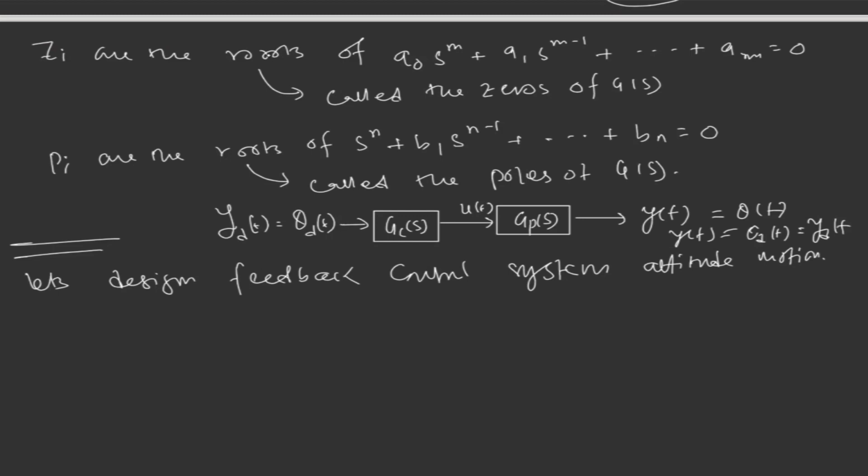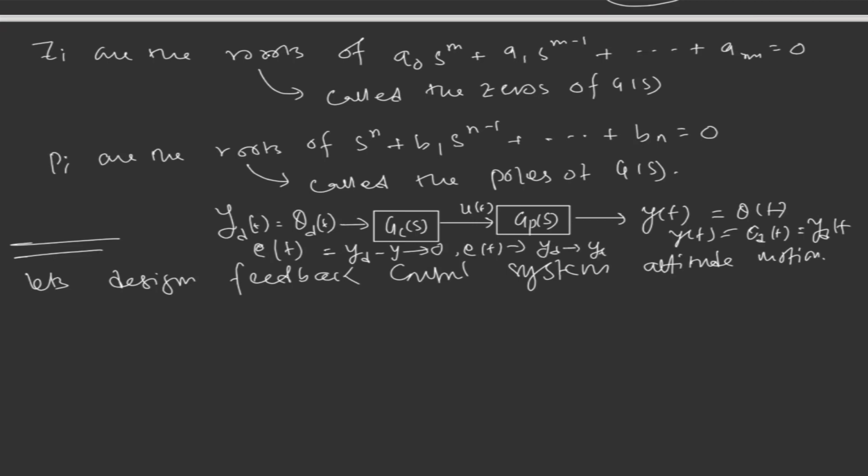So for that we need to come up with some form of error, which is y_d minus y. As time proceeds, it should go to 0. So when it goes to 0, y desired equals y(t).